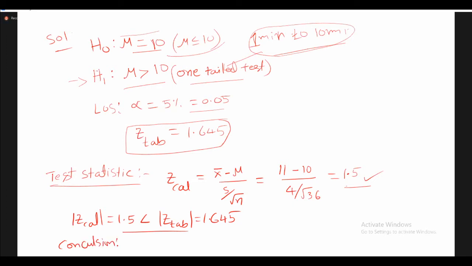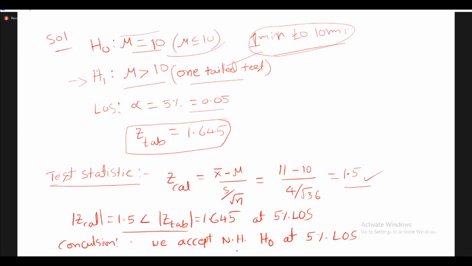The conclusion is we accept, at 5% level of significance, the null hypothesis H naught.